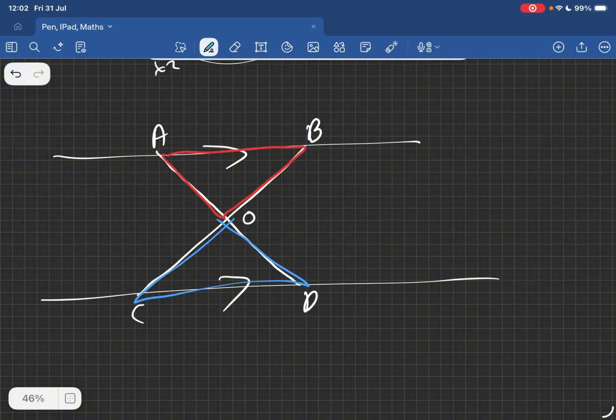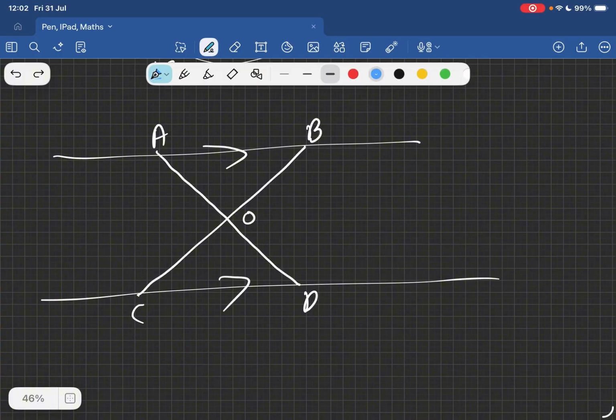Firstly, parallel lines, we've got to think of our parallel rules. What do we know about these? Hopefully what jumps to mind is our Z angle. So this angle here and this angle are going to be the same due to this Z angle. And due to this other Z angle, we're going to have this angle and this angle the same.